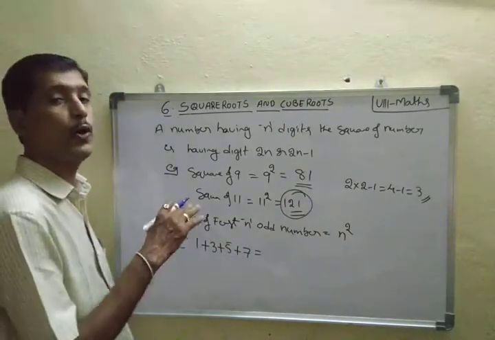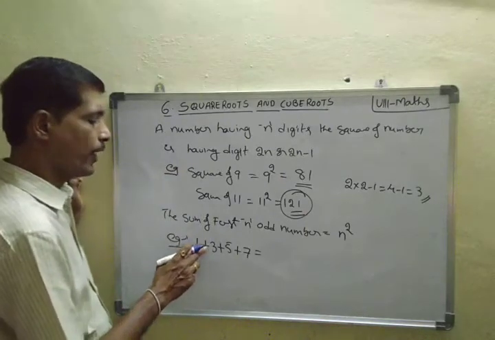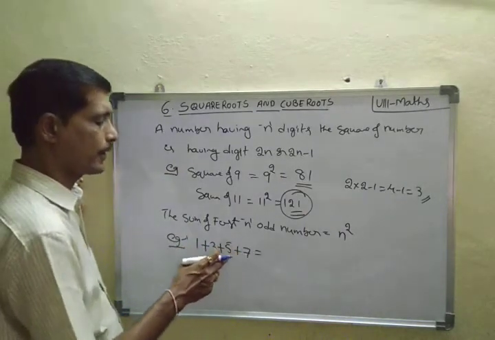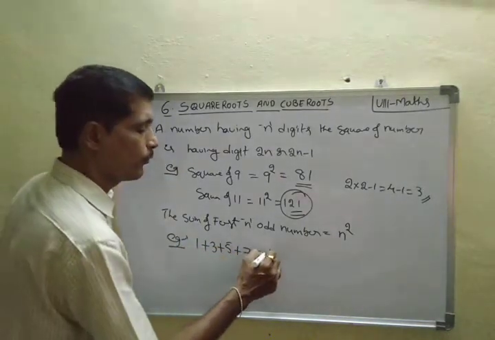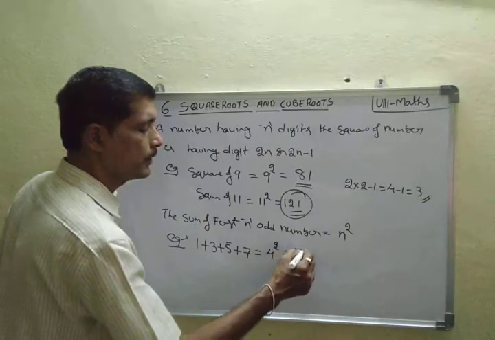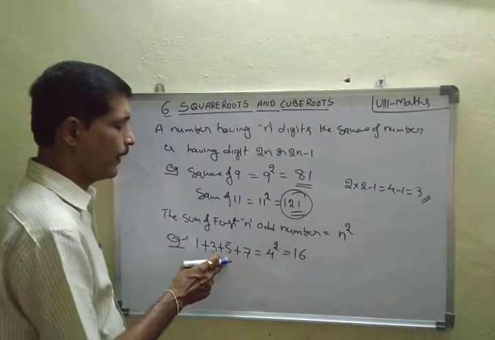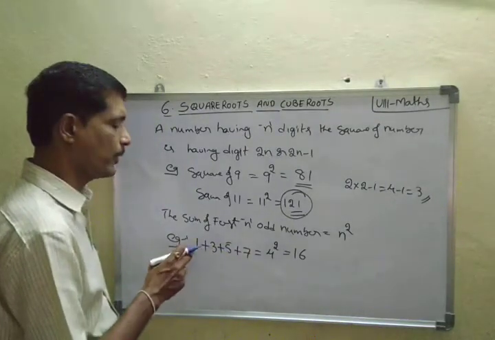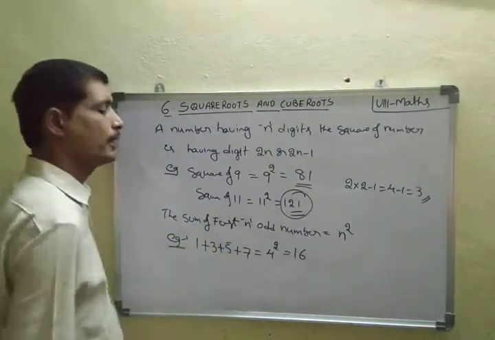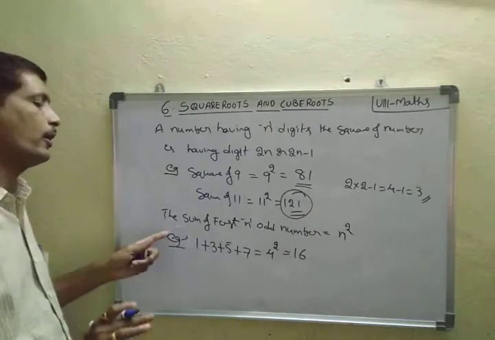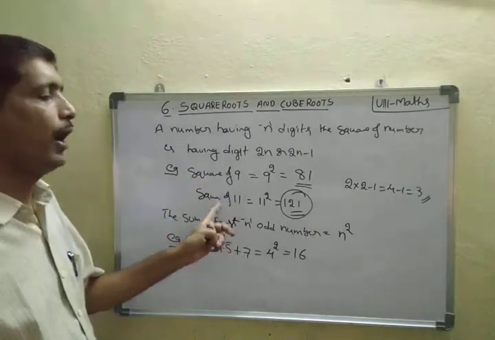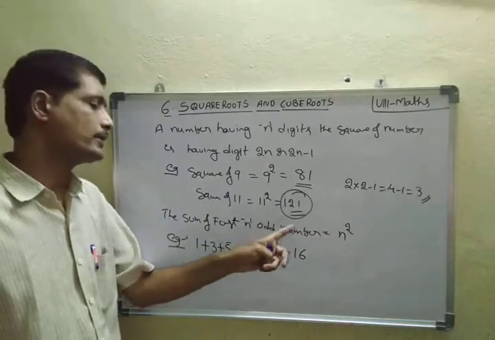The first 4 odd numbers. Here 1 plus 3 plus 5 plus 7 equals 4 squared, that equals 16. Is that correct or not? 7 plus 5 is 12, 12 plus 3 is 15, 15 plus 1 equals 16. Yes. Therefore, without addition, the sum of the first n odd numbers is n squared.